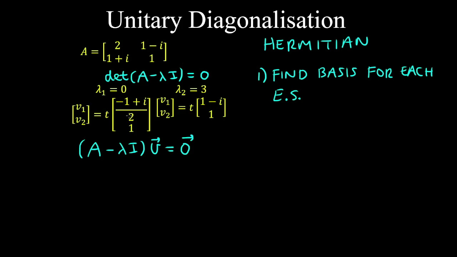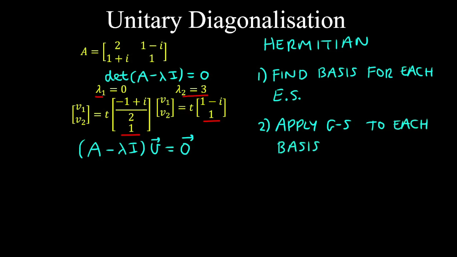So here, we found this basis vector for the eigenspace corresponding to lambda 1, and this basis vector for the second eigenspace corresponding to the second eigenvalue. And then we apply the Gram-Schmidt process to each of these bases to obtain an orthonormal basis for each separate eigenspace.